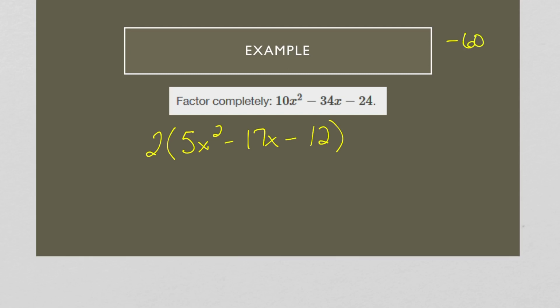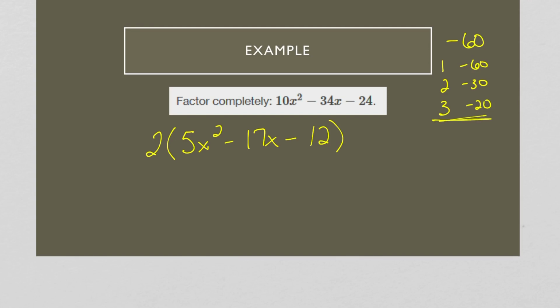And so let's write down our factors and see if we can find a pair of factors that adds up to be negative 17. So we know that our bigger number is going to be negative because our middle term is negative. So let's see here. 1, negative 60, 2, negative 30, nope. 3, negative 20, there we go. We found it. So it's this one right here.